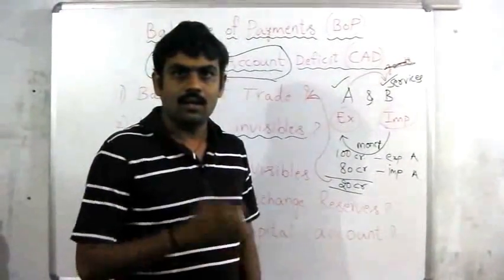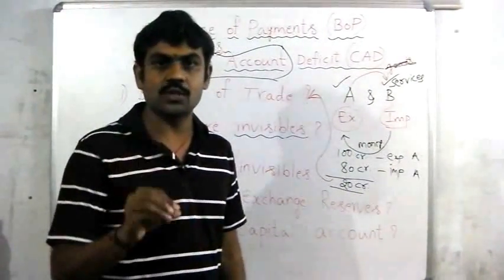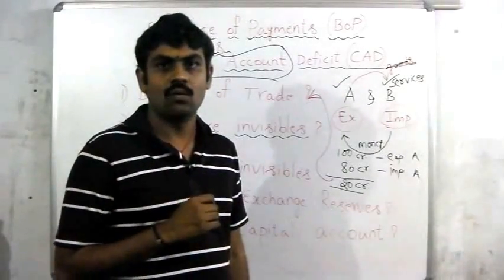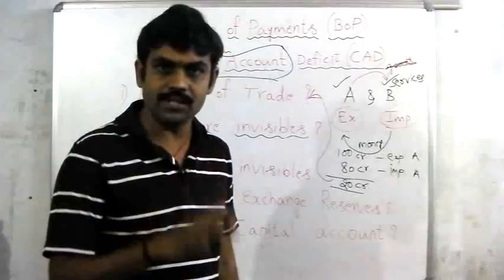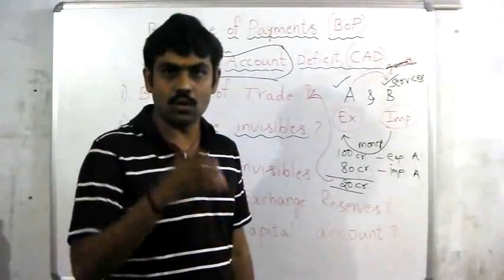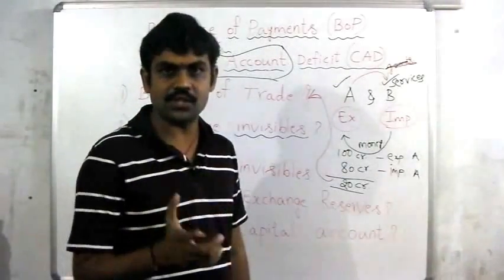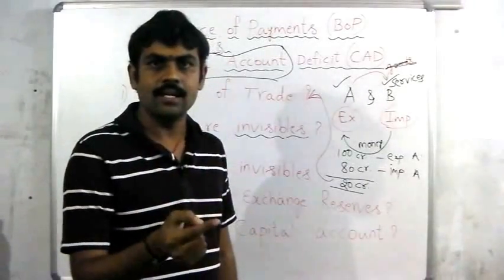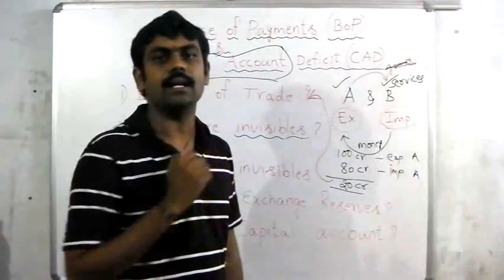For example, USA wants to invest some capital in India for a profitable venture in India. That means there is a good market for that venture in India. So to get profit out of that, USA is investing some capital in India.